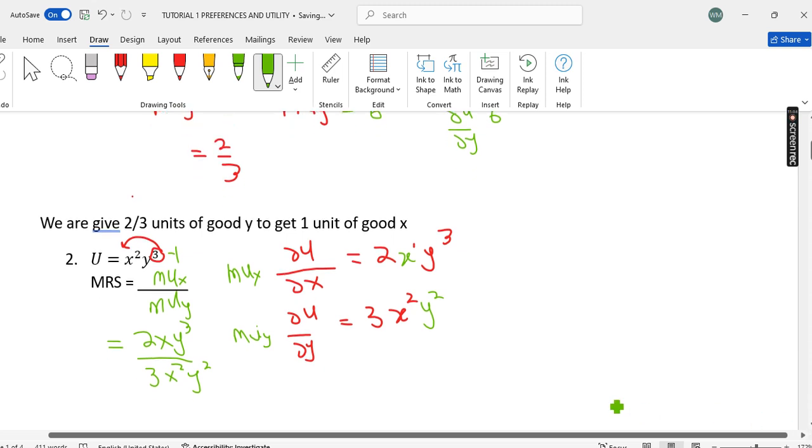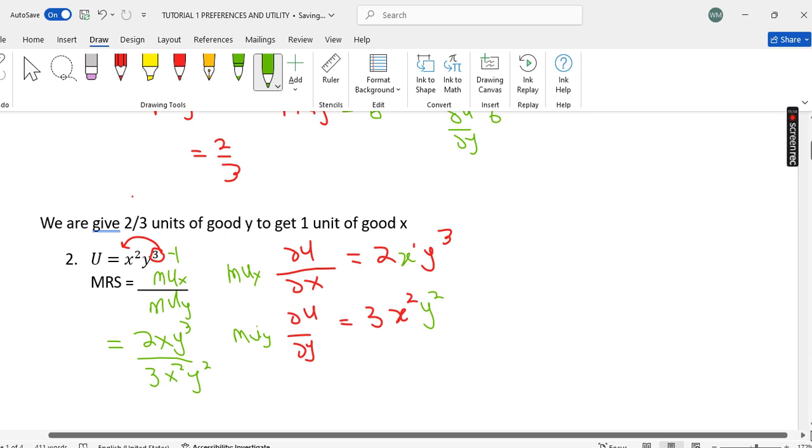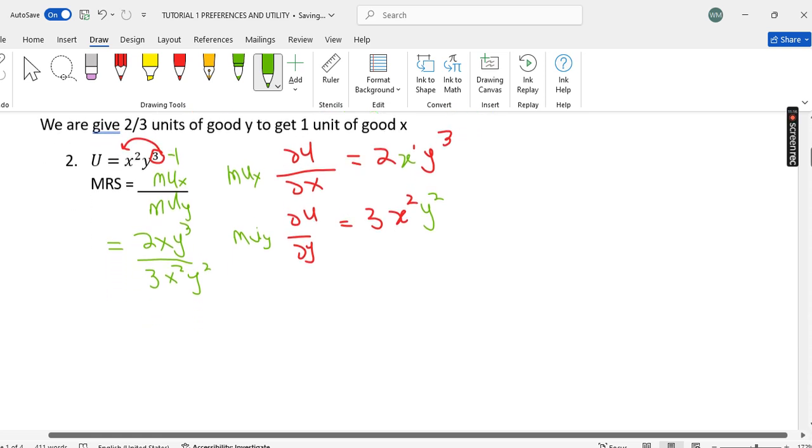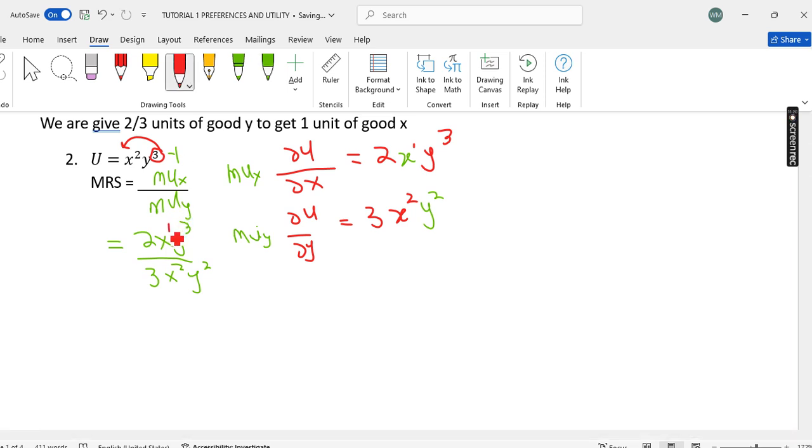Yes, so remember indices, alright? So let me put it here. Here we have x to the power 1, and here we have x to the power 2. When you're dividing same bases, basically same letters, you will subtract the exponents.